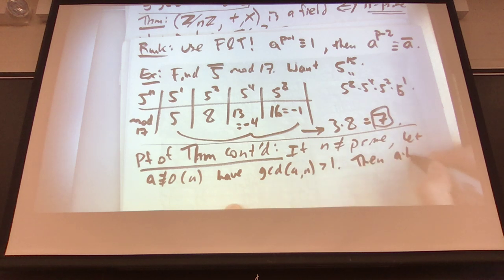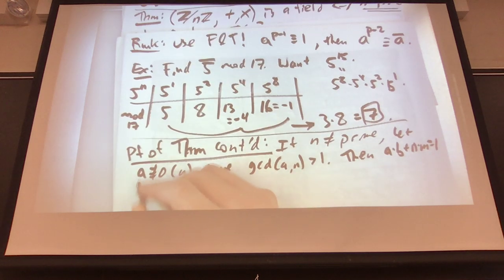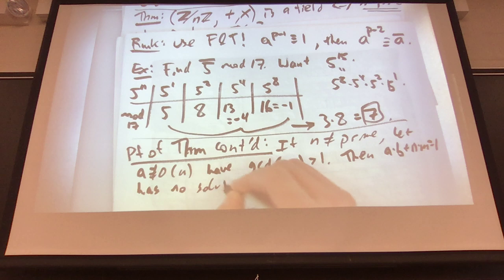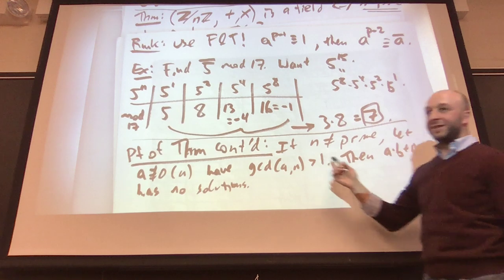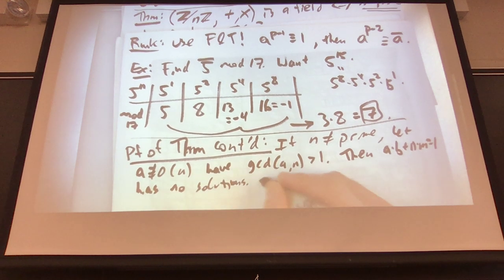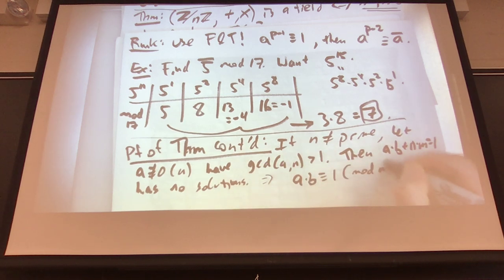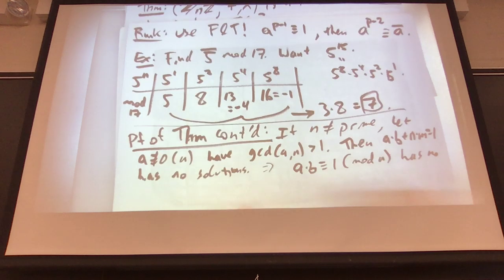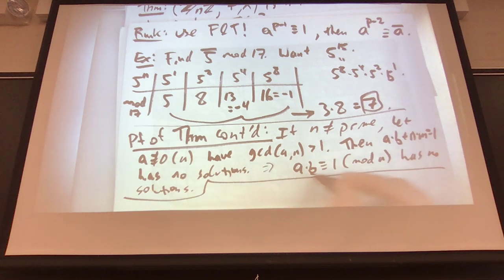Then a times b plus nm equals 1 has no solutions. Precisely because this has a solution if and only if the GCD is equal to 1, because the Euclidean algorithm computes the GCD. So a times b is congruent to 1 mod n has no solution. So a does not have a multiplicative inverse, and Z mod n is not a field.